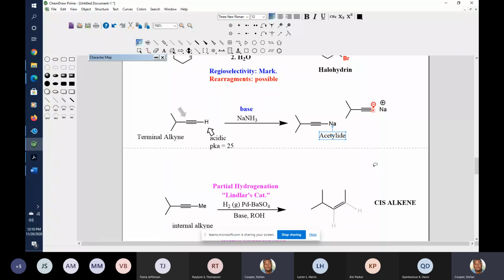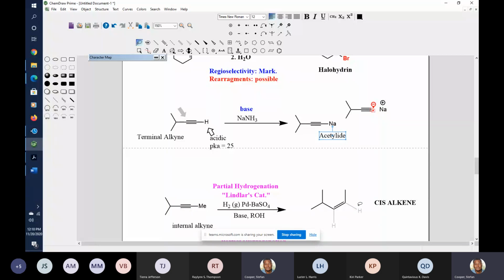I might have a schematic where I take an alkene or an alkyne and generate multiple products, and I might ask you what reagent does that chemistry. So you want to be able to recognize what reagents should be placed over a reaction arrow to give the product. I'm also going to ask you questions where I give you the starting reactant and reagents, and I ask you to draw the product. Be prepared for that.